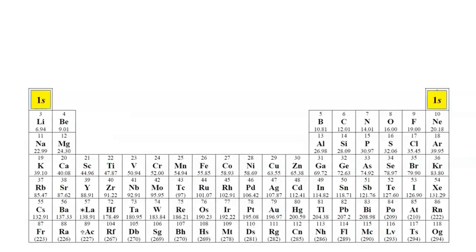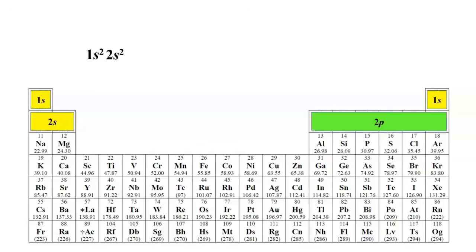So the first row or the first period of the periodic table would be hydrogen and helium, that's 1s2. Then the second period, lithium and beryllium, that would be 2s2. And then from boron all the way to neon, that particular region would be 2p. So all the way to the end would be 2p6.